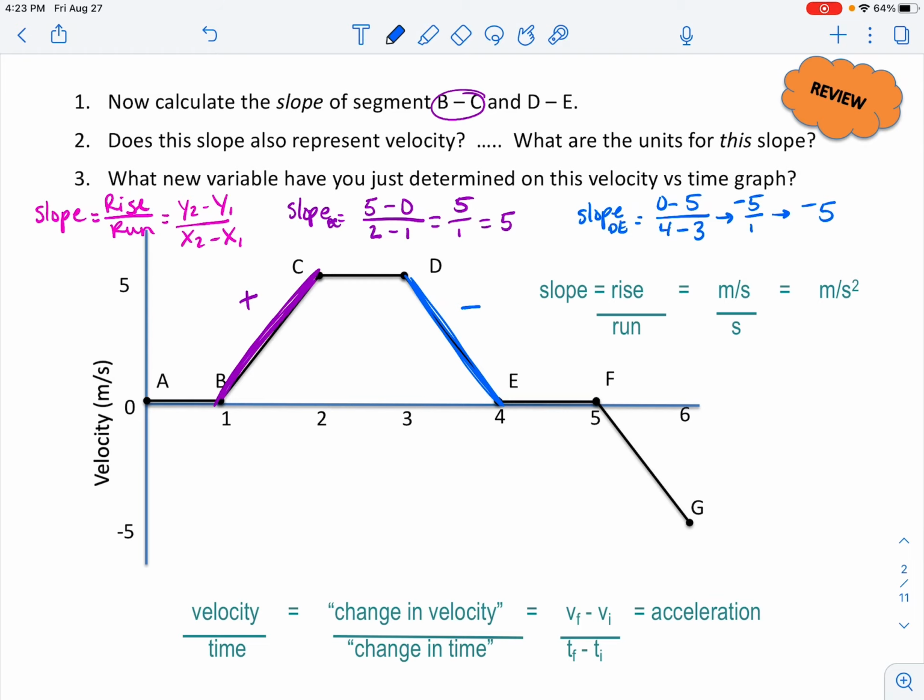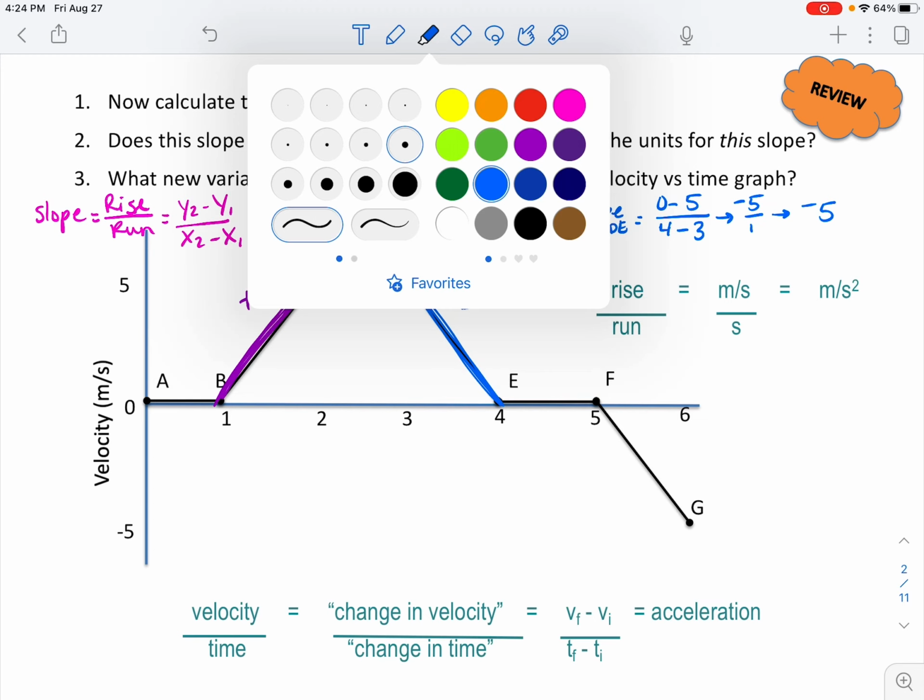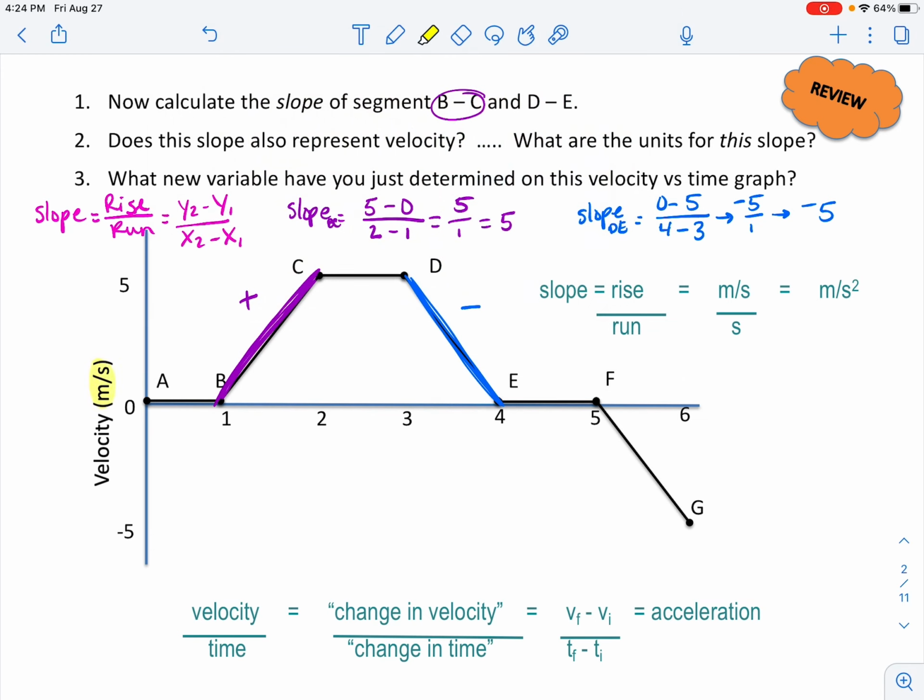It's not meters per second, because meters per second is already my label here on the y-axis for my velocity. So if I look at these variables that I've plugged into my equation, and let me see if I can give myself a little bit more room to write here.